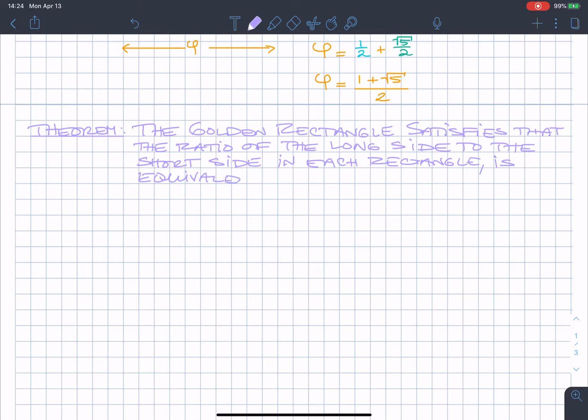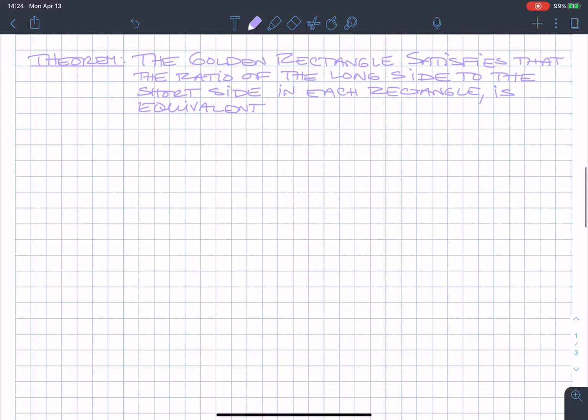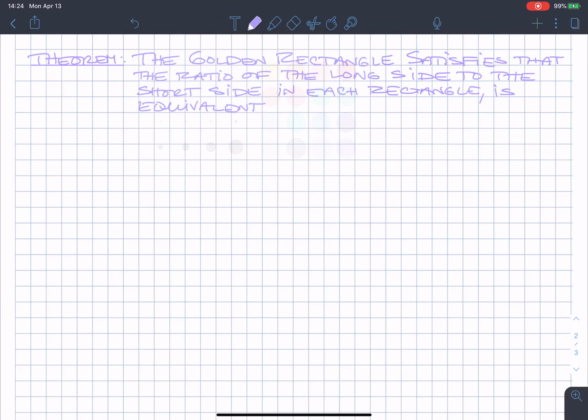Okay, so let's go ahead and draw another golden rectangle. So this time let me do it of length 6 just to keep it the same. Okay, so here's my rectangle of length 1, right?